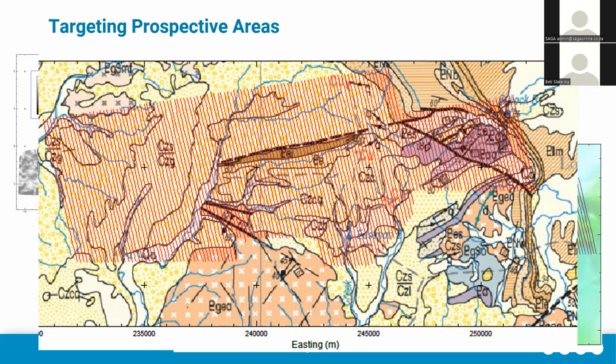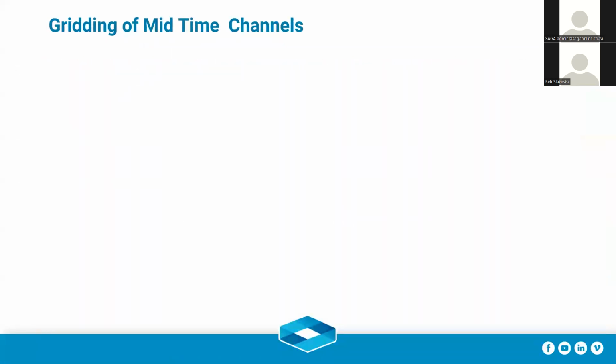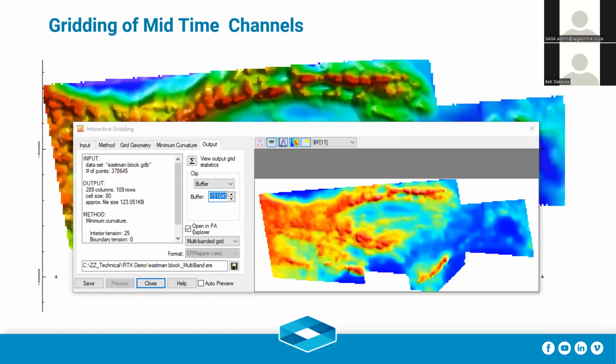So my next step was to look through these a little bit more carefully. What I generally do if I find some VTEM data like this is I import it and create some nice profiles.